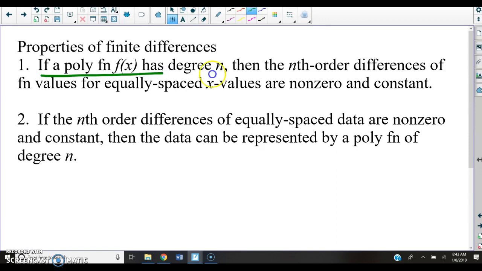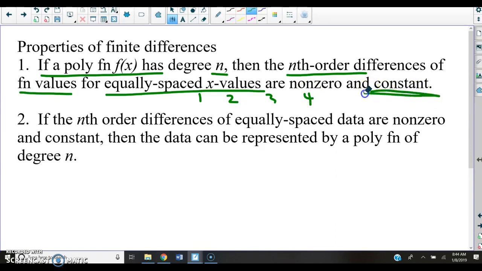So if it's degree n, then the nth order differences of the function values for equally spaced x values, so when the x's go 1, 2, 3, 4, or 2, 4, 6, 8, okay, then those are going to be constant, and they can't be 0. Please note, they can't be 0, because then you went too far.